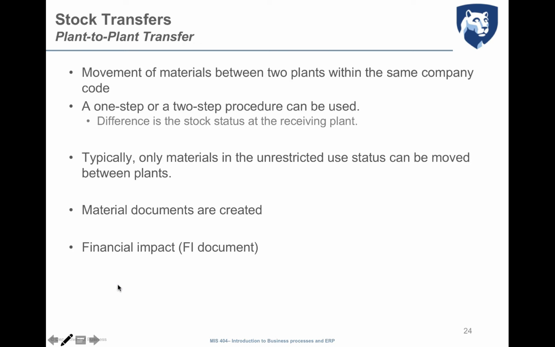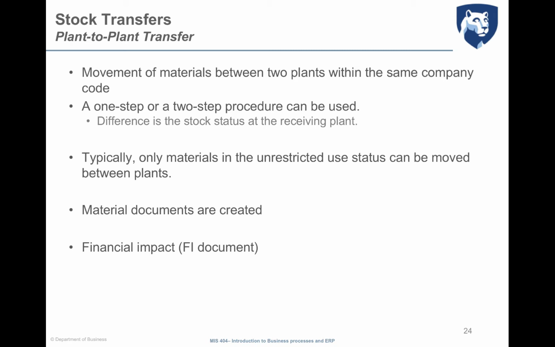While instead, let's analyze the plant-to-plant transfer. The plant-to-plant transfer takes place when material is moved between different plants but within the same company. So we have the same company, different plants, and we move material between the two plants. Again, as we discussed before, materials are valued at the plant level.